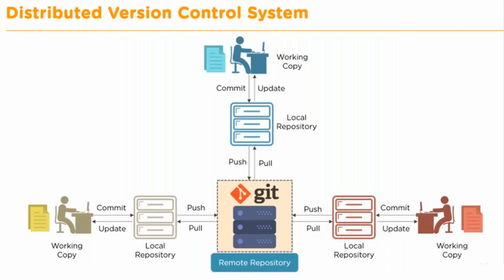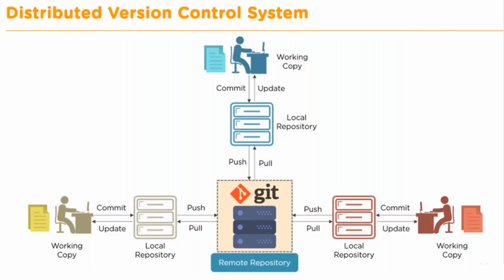Each one of us will have a local copy, and whenever we need the latest code, we pull the code from Git, the central repository, to our local repository, and then we bring it to our working copy. We make whatever changes we have to, we commit the changes, and then finally push it back to the remote repository. Every developer is expected to do the same thing.